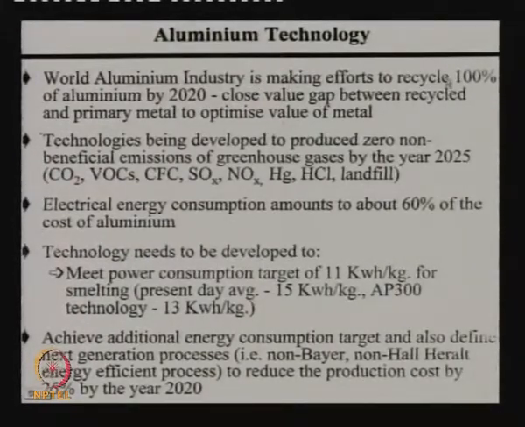that there are actually plans to recycle 100% of aluminum by 2020. In that case, you do not have to produce aluminum through electrolysis. This may not be possible. It is not a very utopian thing, because aluminum does not get spoiled. So, when a consumer has used aluminum and discarded, it is not going to get corroded.